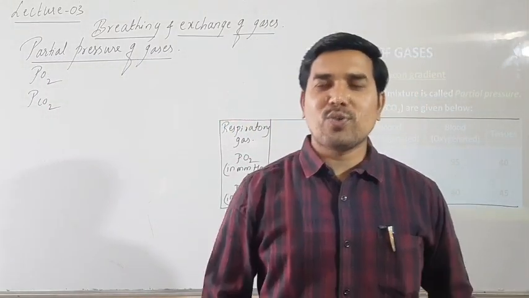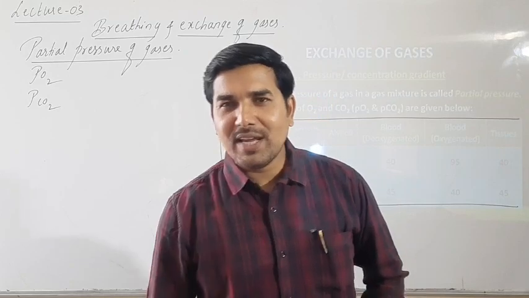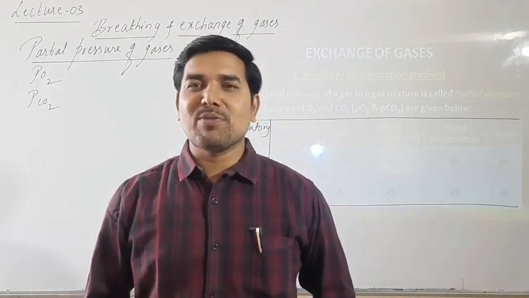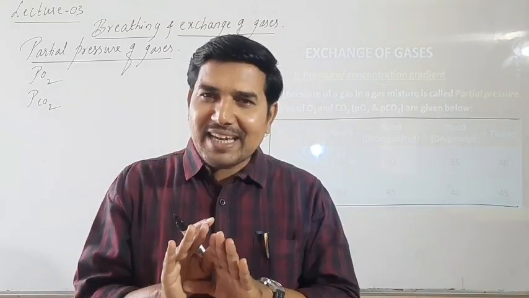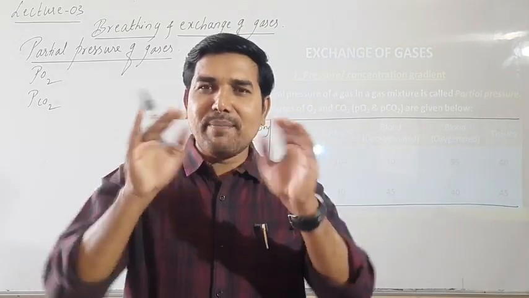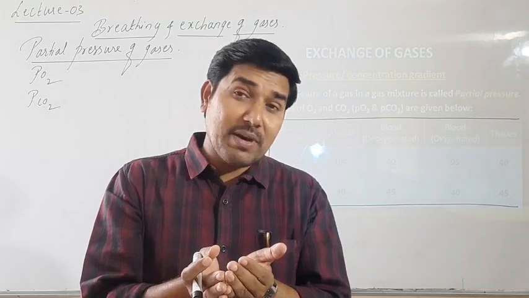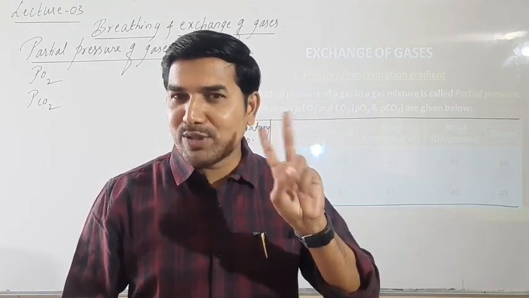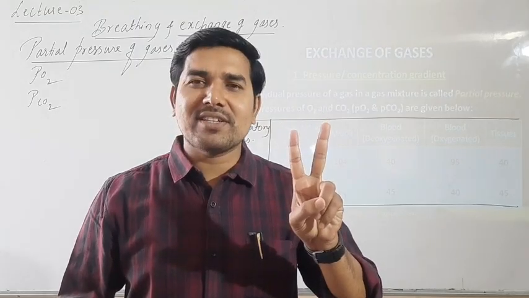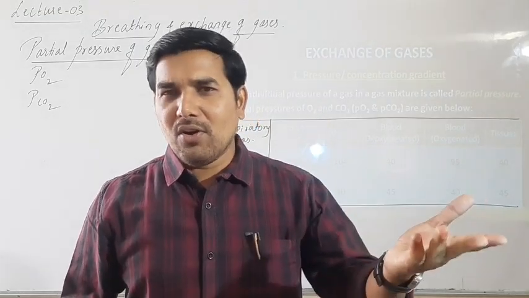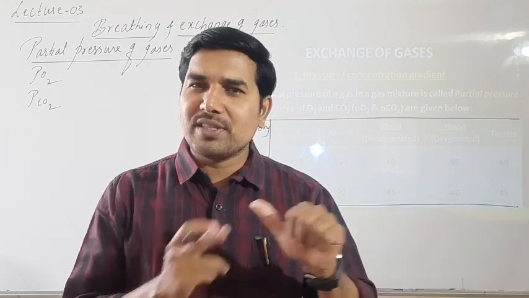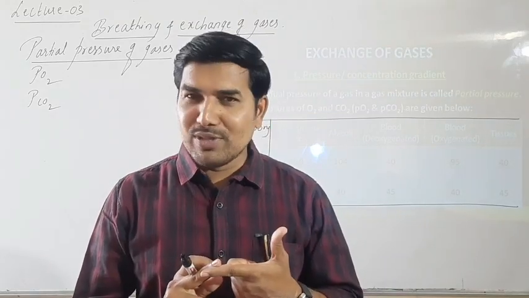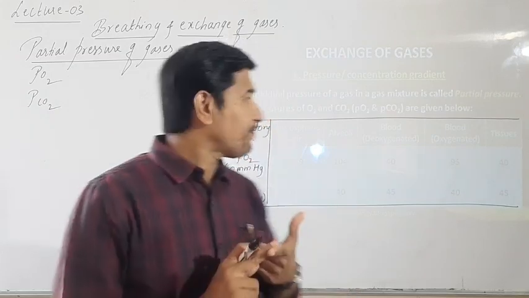PO2 and PCO2, we call them partial pressure of gases. Then what is this partial pressure? Partial pressure is nothing but the pressure exerted by an individual gas in a mixture of gases. Here we are taking two gases in the alveoli or in the atmosphere also, CO2 and O2. Okay, apart from this, even nitrogen is also there. Okay, so we'll discuss about this.